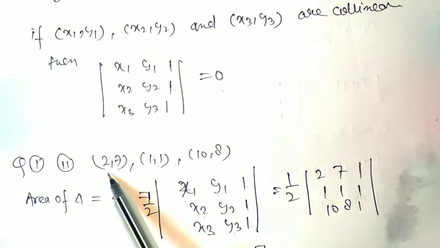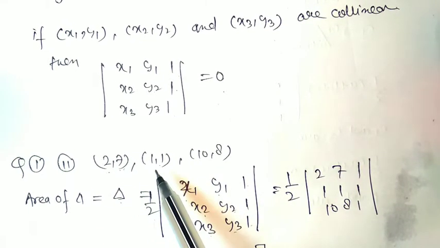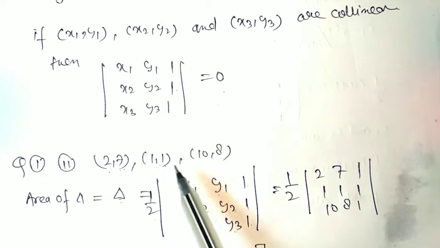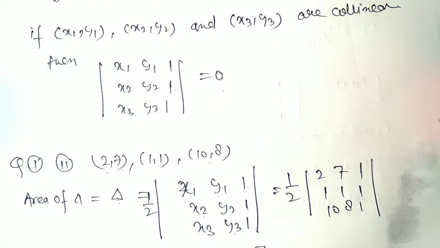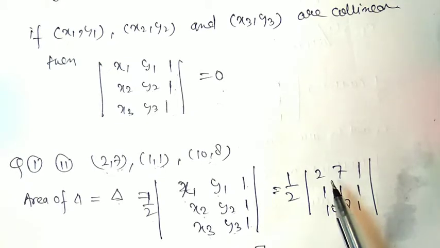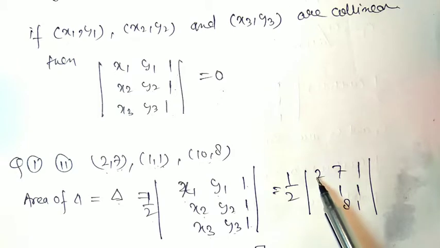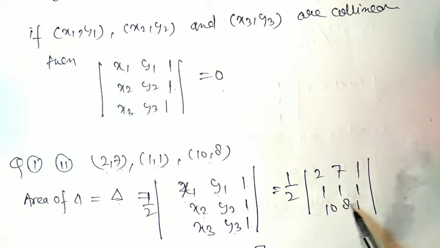We are taking (2, 7) as (x1, y1), (1, 1) as (x2, y2) and (10, 8) as (x3, y3). Now we are substituting the values in the determinant. So we get 1 by 2 times the determinant with rows 2 7 1, 1 1 1, 10 8 1.